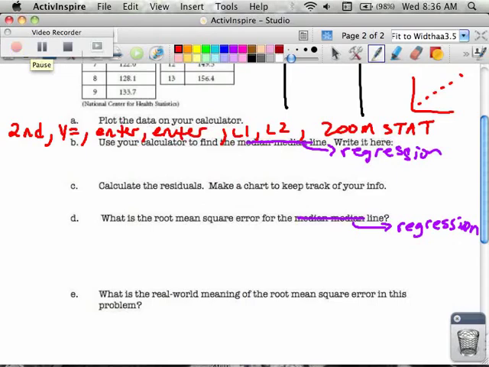Now we're going to use our calculator and find the regression line. So this is where you go stat, calc, 4, enter. Write it down.